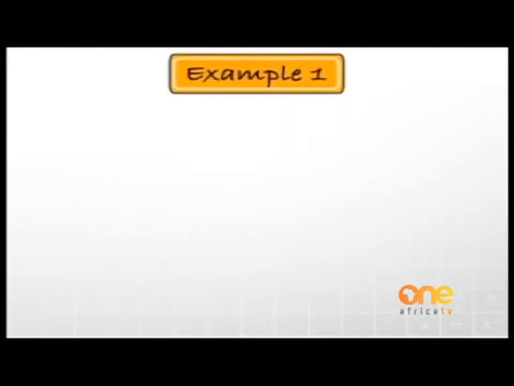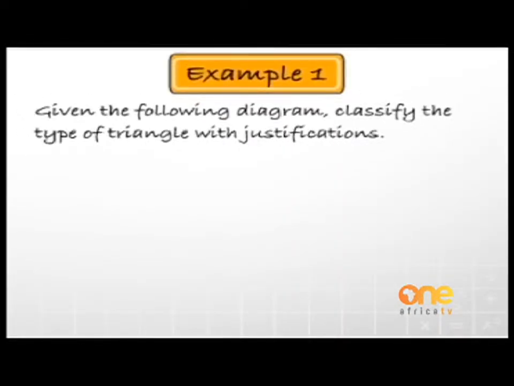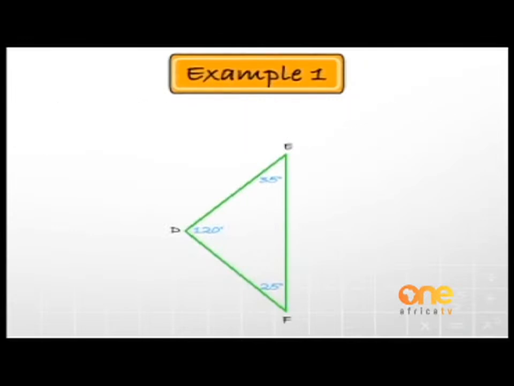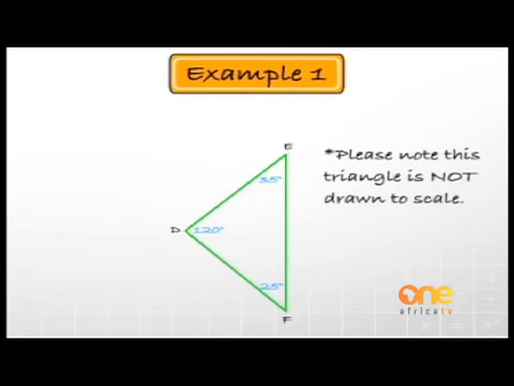Example 1. Example 1 says, given the following diagram, classify the type of triangle with justifications. So, we have triangle DEF, where angle D is equal to 120 degrees, angle E is equal to 35 degrees, and angle F is equal to 25 degrees. Please note that the triangle that has been given is not drawn to scale.